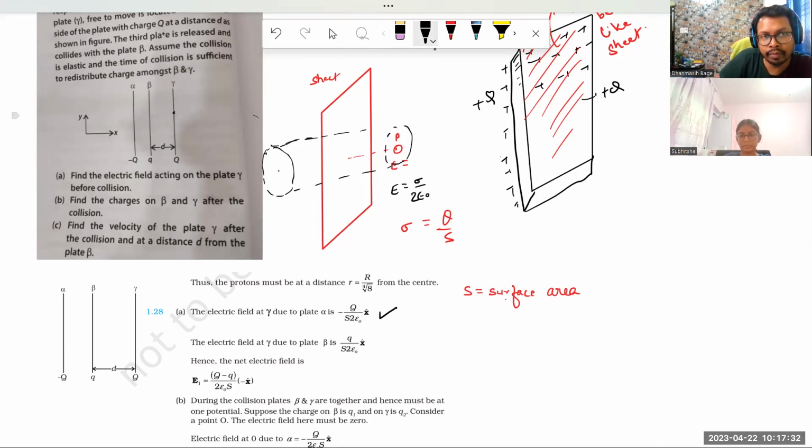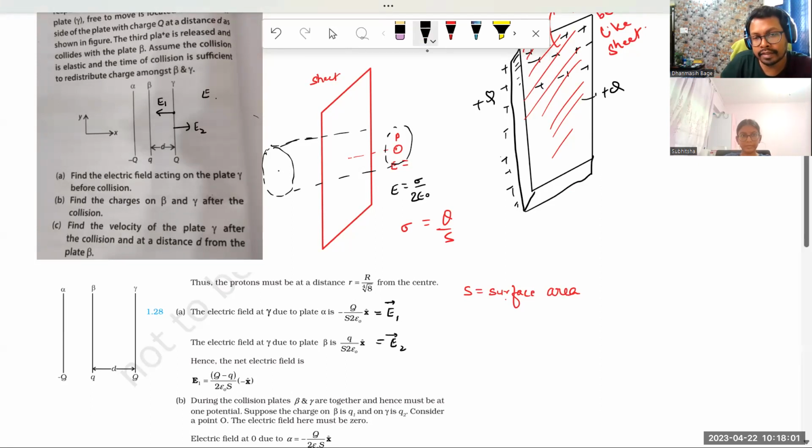So the field here due to plus Q will be on this side, this is E1, and the field due to this thing will be on this side, E2. Tell me what is E1 in this case? This is actually E1 vector, and this is E2 vector.